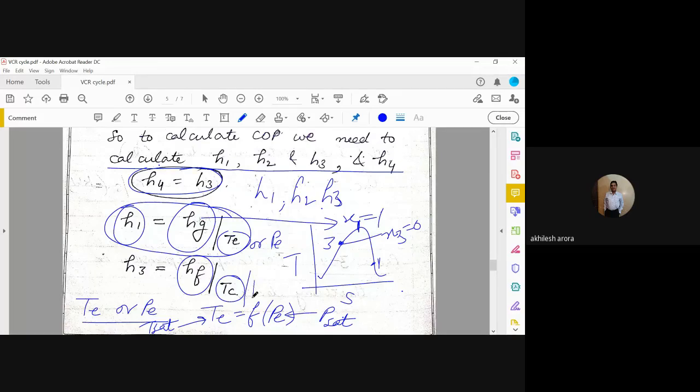Anything which is given to us, if it is TC given to us, we will see the value of H3 from the refrigeration tables corresponding to TC. If TC is given, naturally it will be the same condenser temperature. So you can see the value of enthalpy H3 corresponding to TC or PC, either of these.